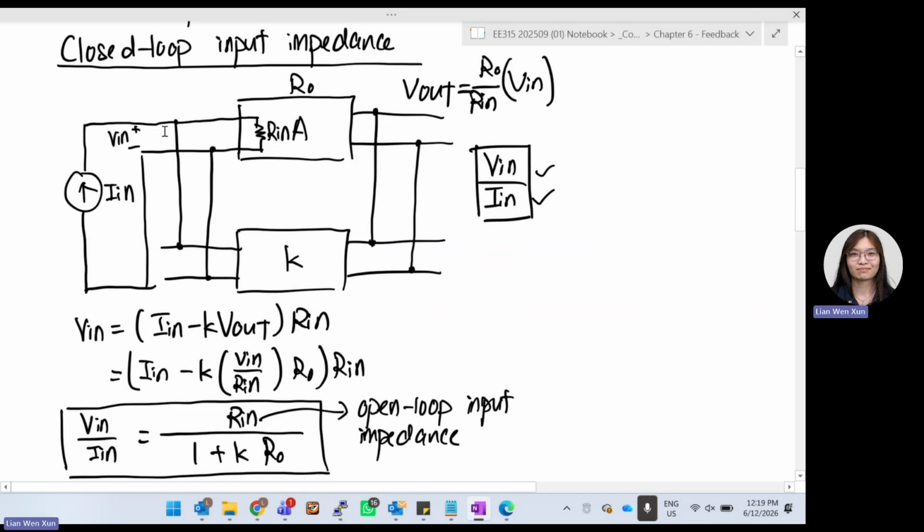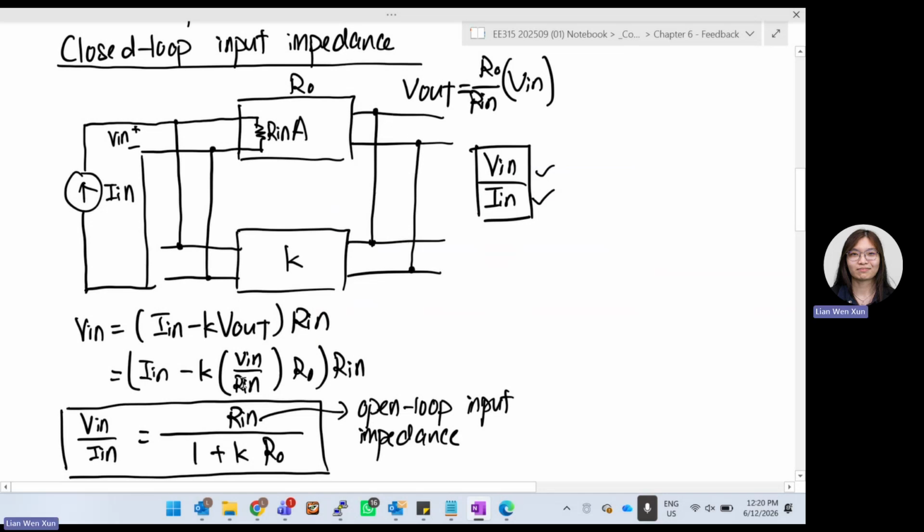So we can say V in equals I in minus K V out, times R in. Then it's only the input voltage going into the circuit. So what exactly is your V out over here?